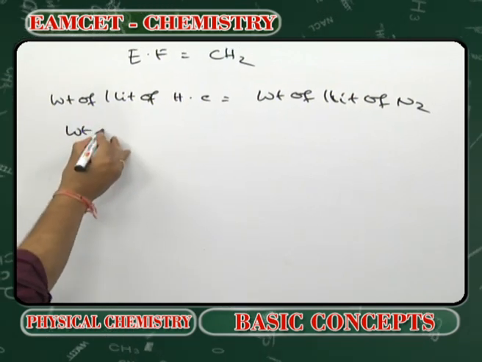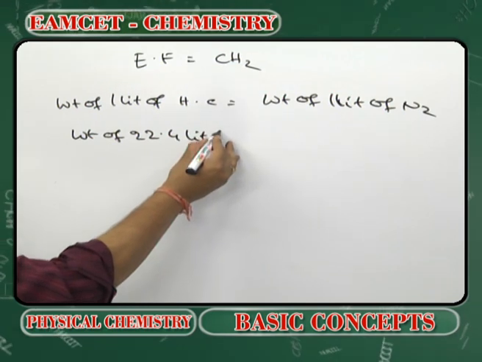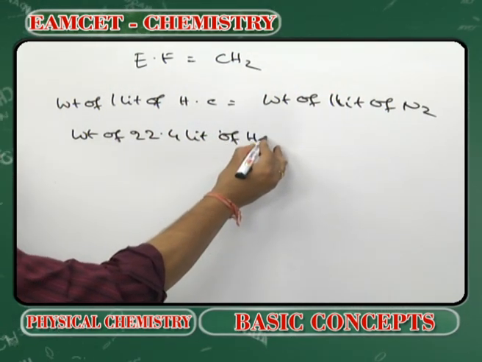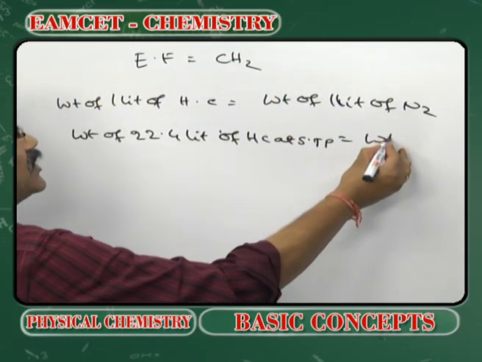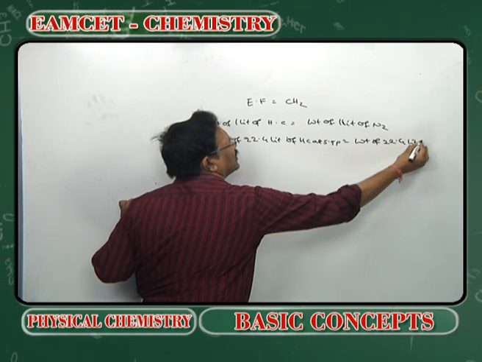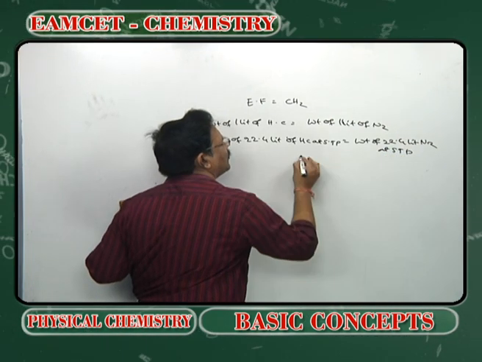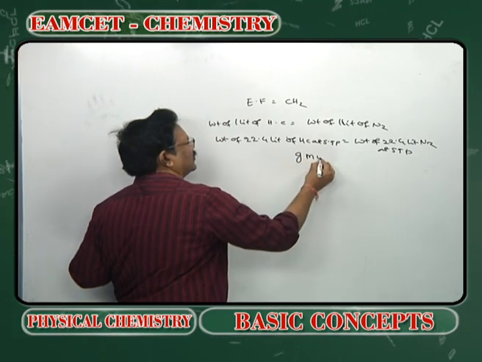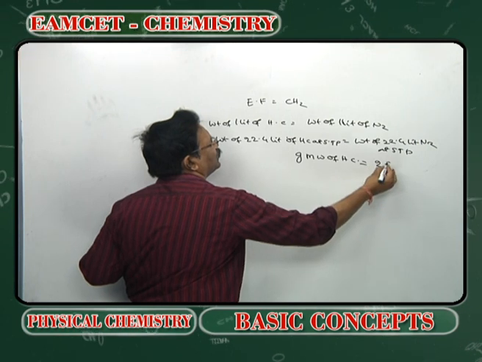Therefore, weight of 22.4 liters of hydrocarbon at STP will be equal to weight of 22.4 liters of nitrogen at STP. Therefore, gram molecular weight of the hydrocarbon will be equal to 28.